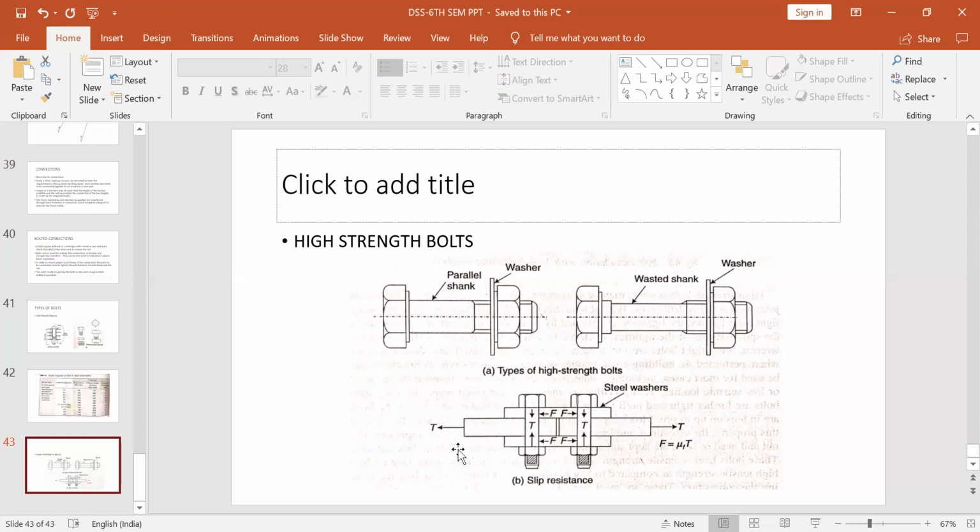Now care must be taken that the bolts are tightened up to the required tension. Otherwise, slip may occur at service loads and the joint will act as ordinary bolts. So this is important. This load should not be less than the tensile strength of the plates.